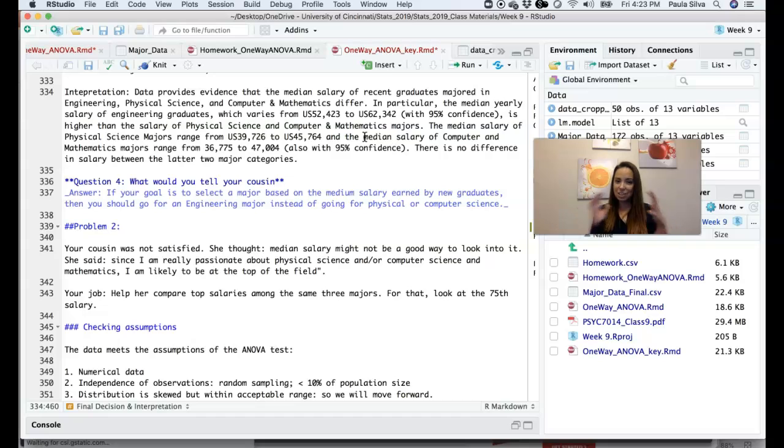So remember, the cousin likes physical science and computer science, but she's putting as first constraint how much money she's likely to make with the major she chooses. She'll be more likely to get a higher salary if she went for engineering versus mathematics and physical science. It's just kind of chances at play. The only thing that mattered was the major she picked for the salary she will make.